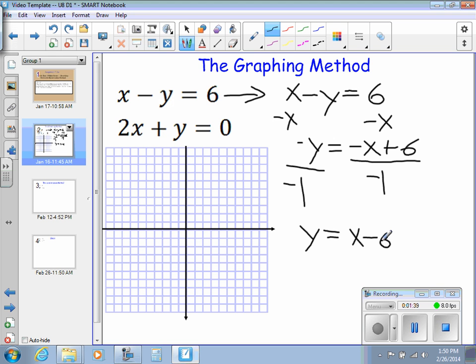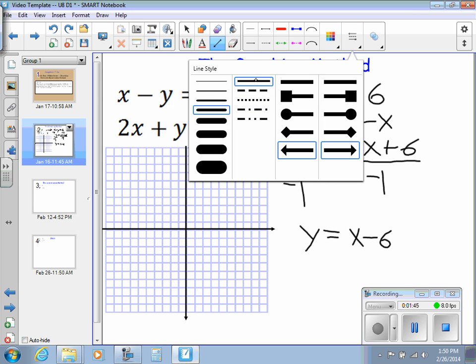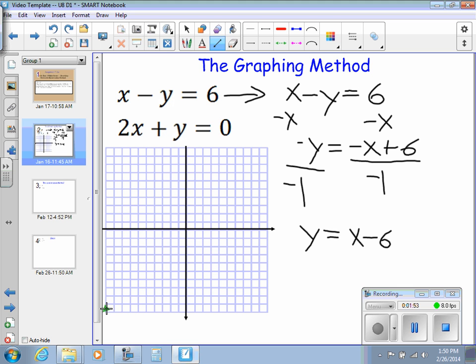Let me play with my line tool here and see if I can get this to work. Okay, I need a solid line instead of a dotted one. And now I'm going to put in a line that's y equals x. It has a slope of 1.